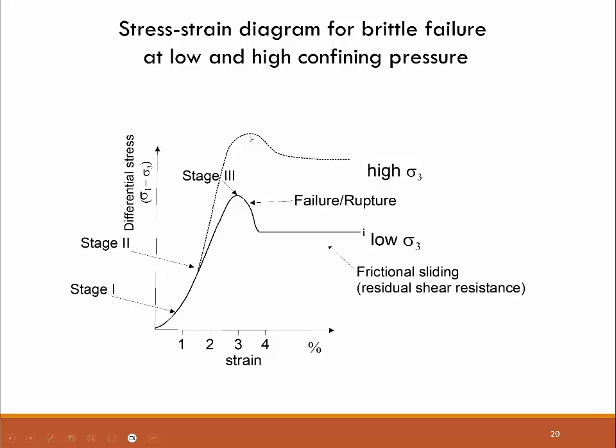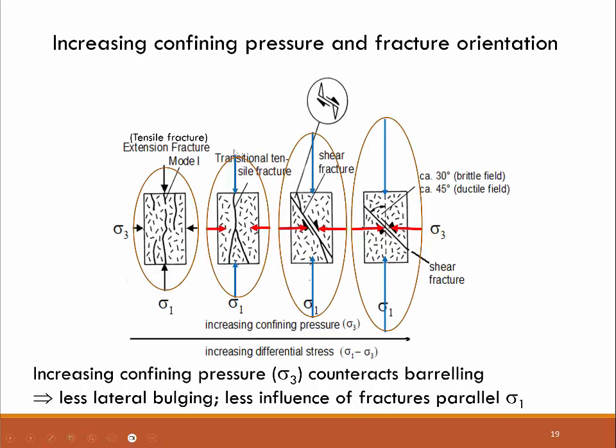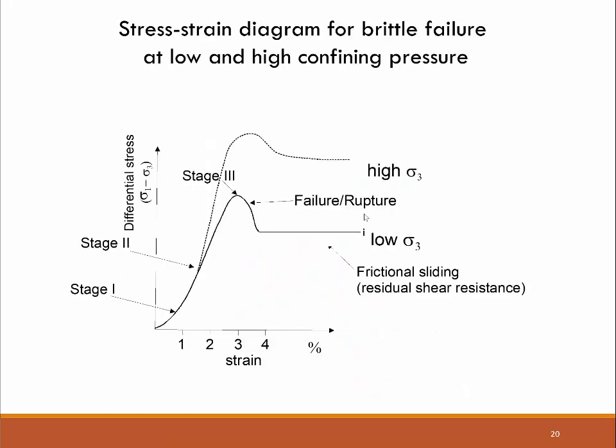And so, as we have seen on the slide before, with increasing confining stress, we need larger and larger differential stress to make the rock fail. That is illustrated here by a yield point at higher differential stresses for rocks under higher confining stress compared to those under low confining stresses.